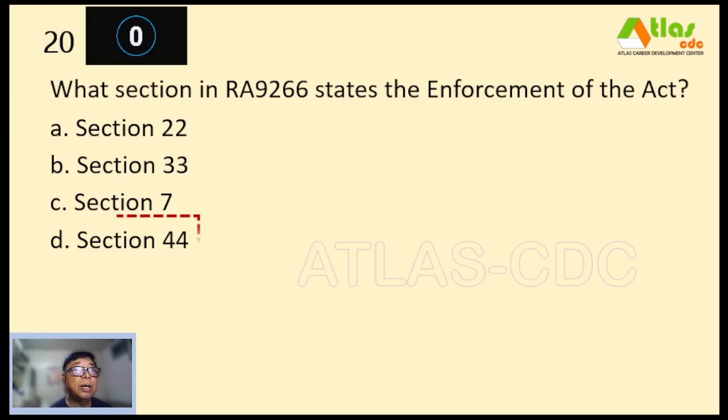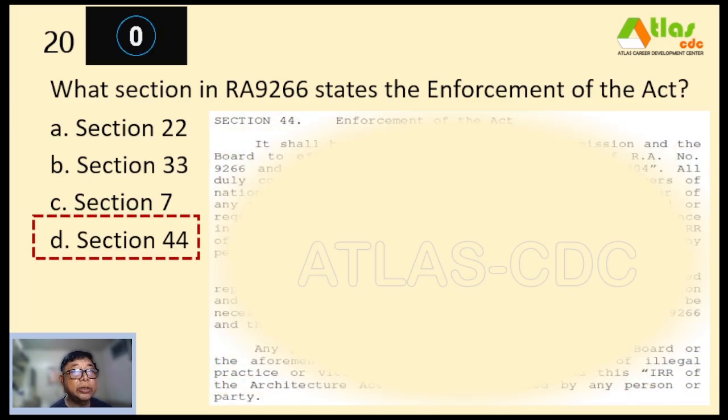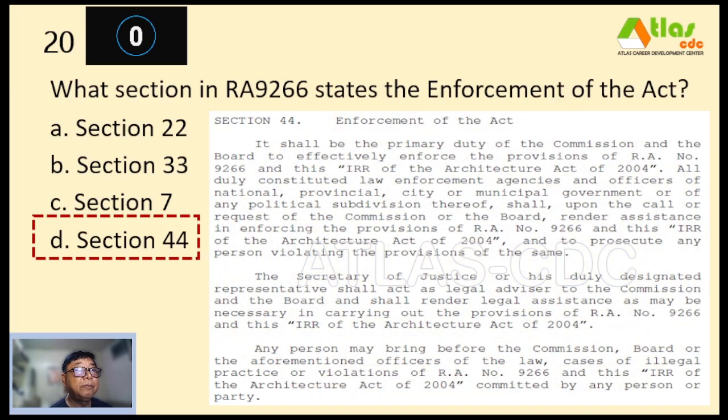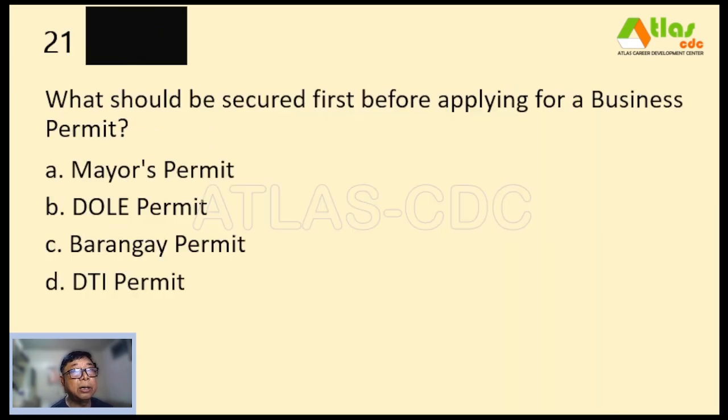And our correct answer is letter D, Section 44. The enforcement of the Act, wherein it is the primary duty of the Commission or PRC and the Board or PRBoA or PRB to effectively enforce the provisions of RA number 9266 and its IRR.